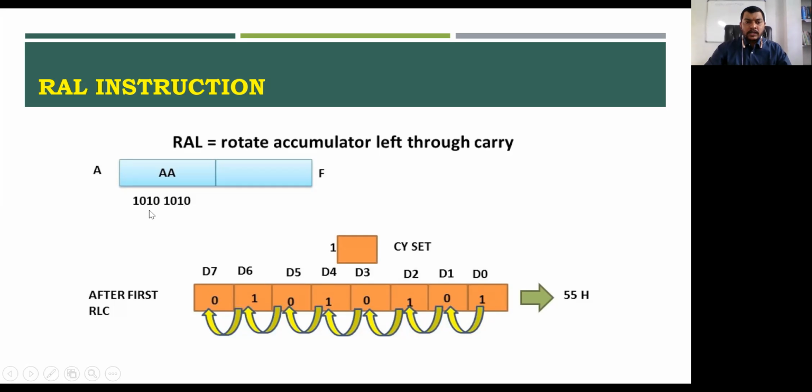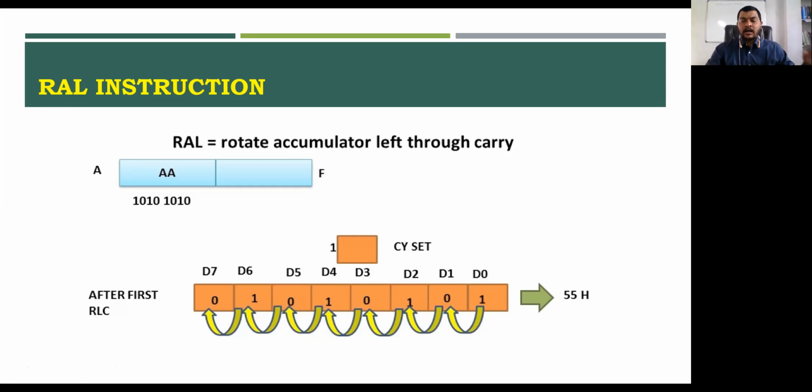Initially it was 10101010. Now this 1 is going to be shifted over here, this 0 is going to be shifted over here, and likewise it will go on shifting the data to the left side.